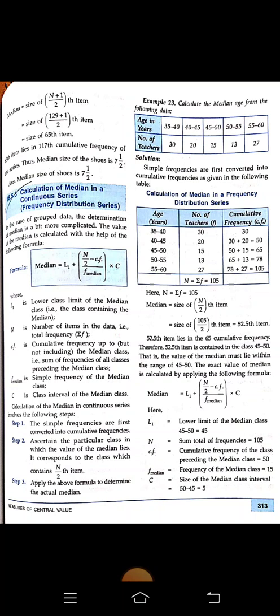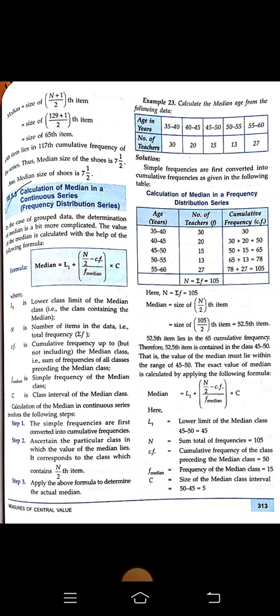What is the lower limit? In which range is it coming? 45 to 50, as I told you. So 45 will come there, plus what is n? n means the total number of teachers, 105 by 2, minus the cumulative frequency.